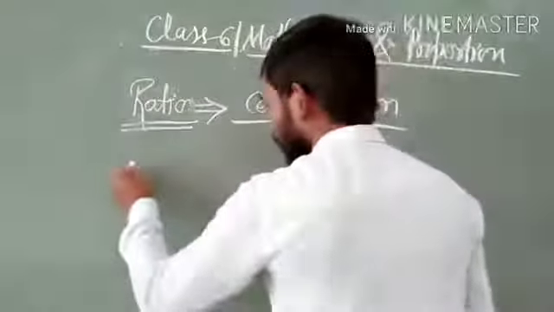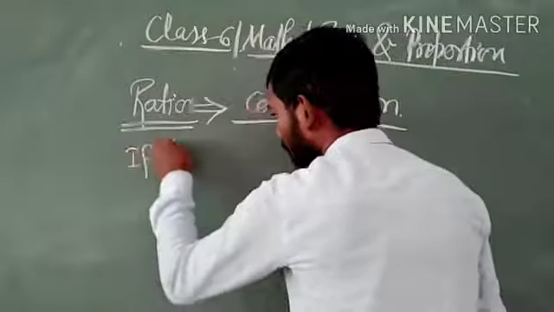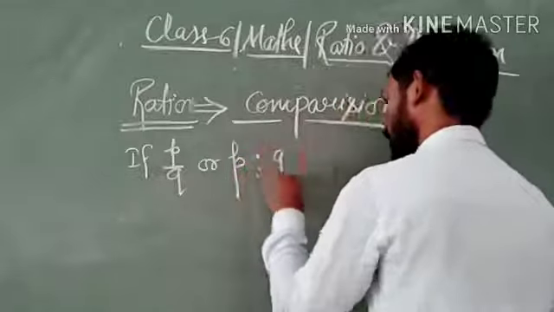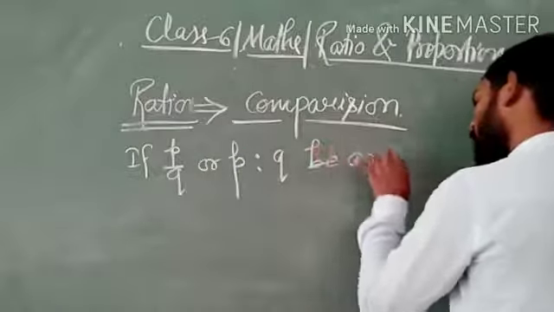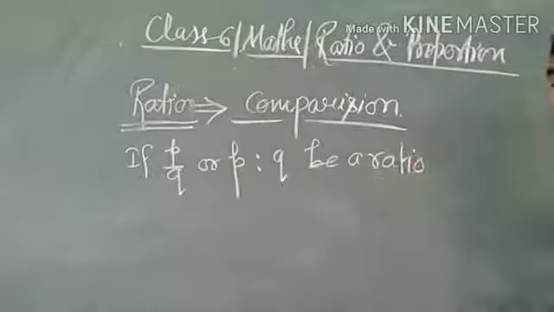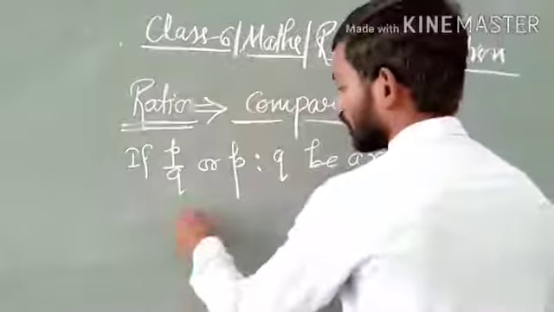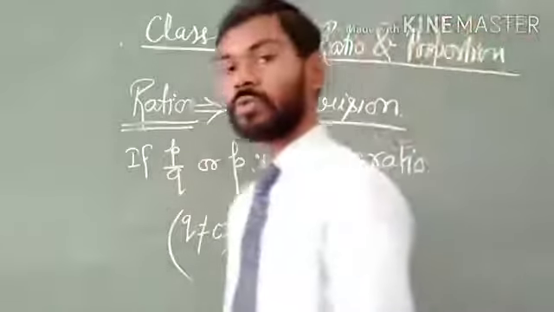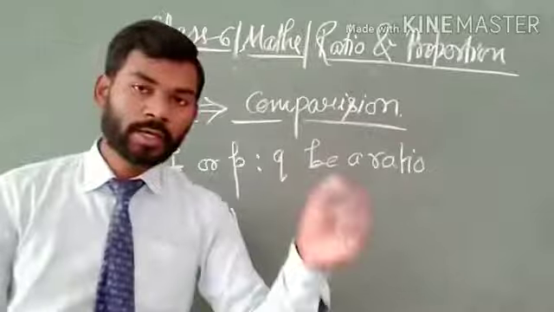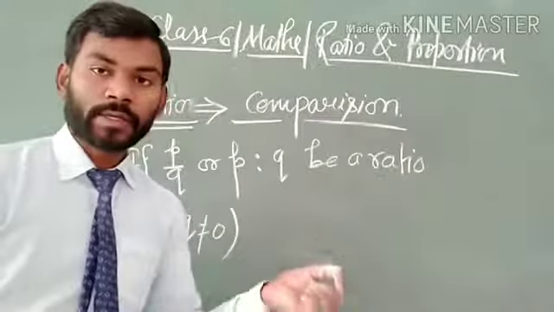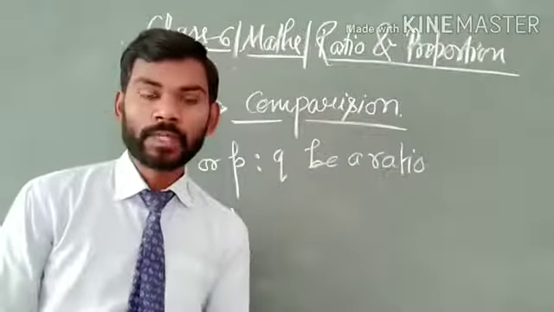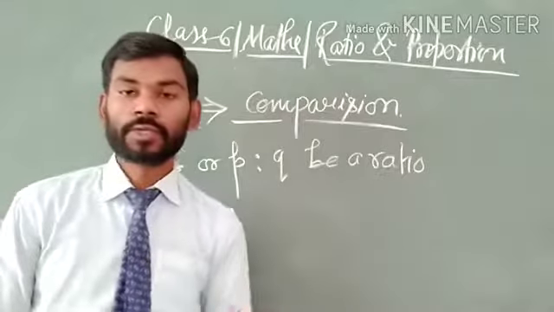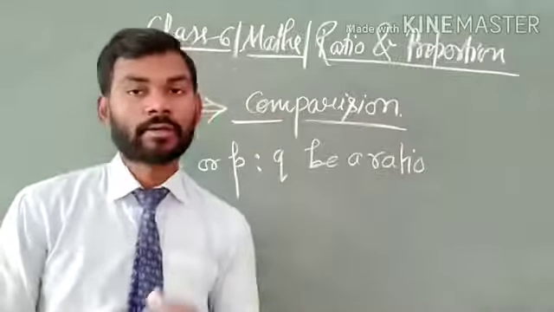So here, if P upon Q, or P is to Q, is a ratio, where Q does not equal 0, it is a comparison between two quantities with the help of division, which gives us an idea of which quantity is more than the other, or which quantity is less than the other.